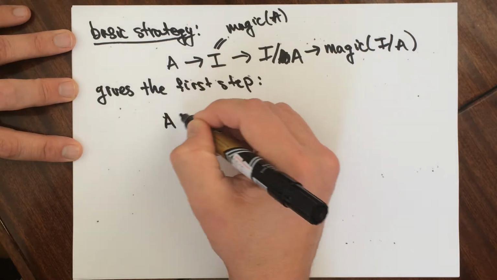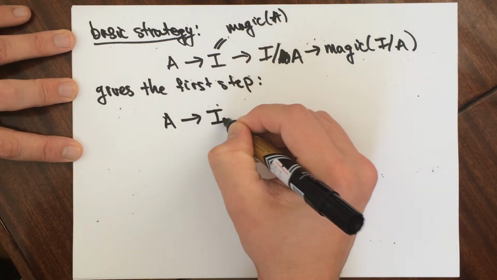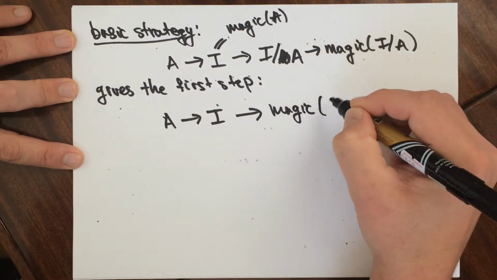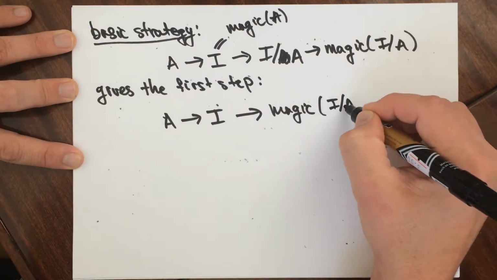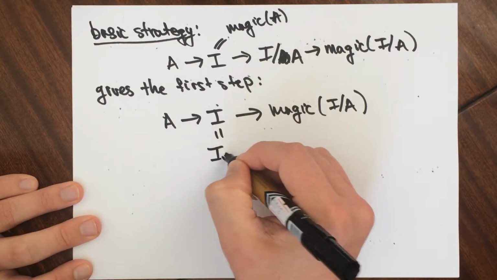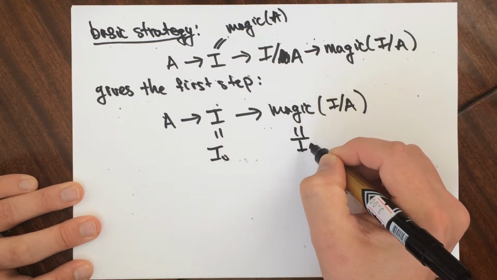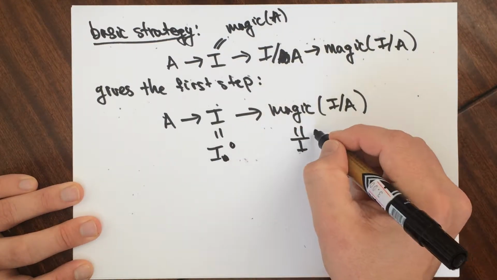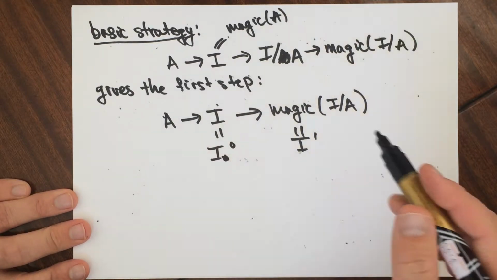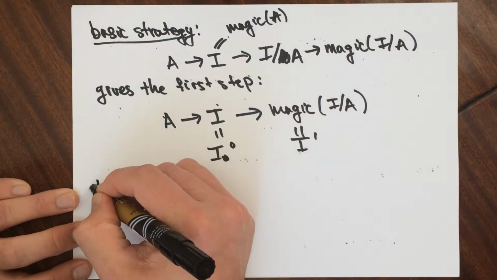Maybe this is the 0th step. This goes to I, and this thing goes to magic, I mod A. Maybe this is I0, this is I1, or maybe we'll do superscripts since we're doing a complex like this: I0, I1. And then you continue like this.